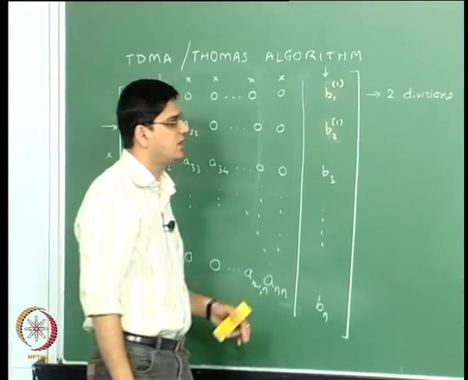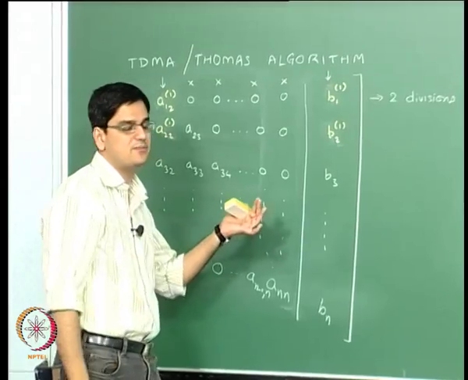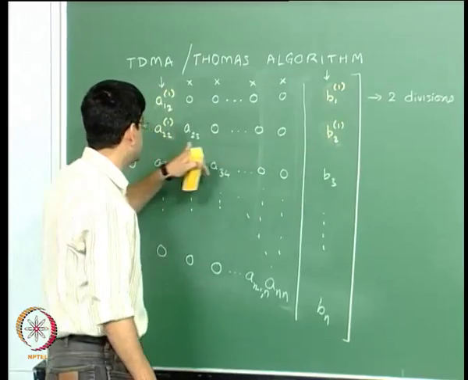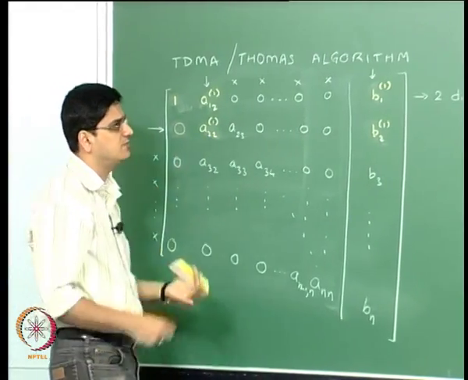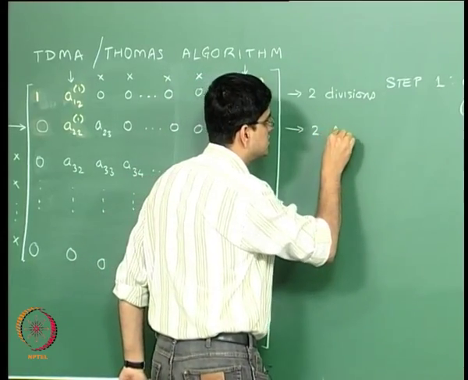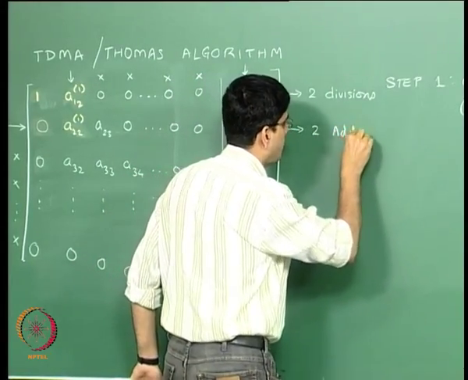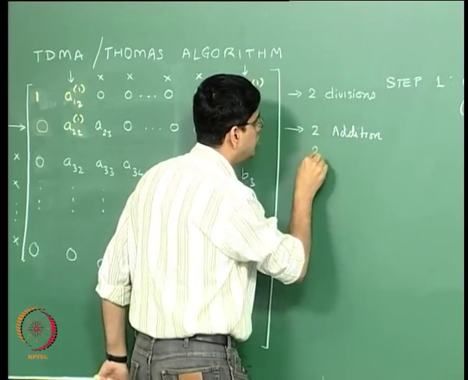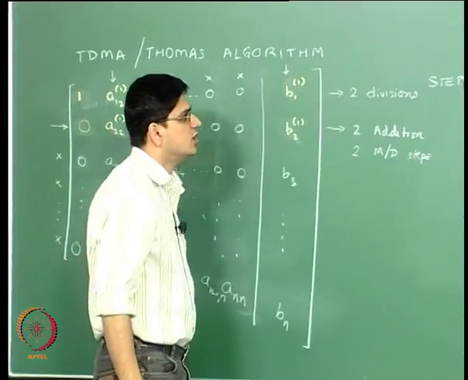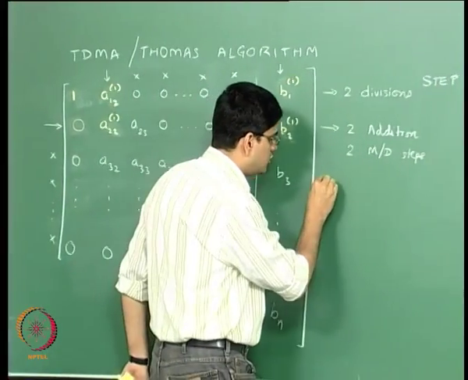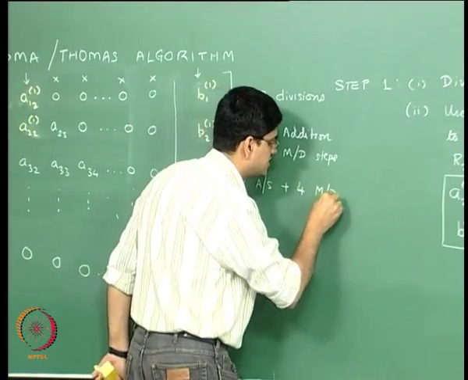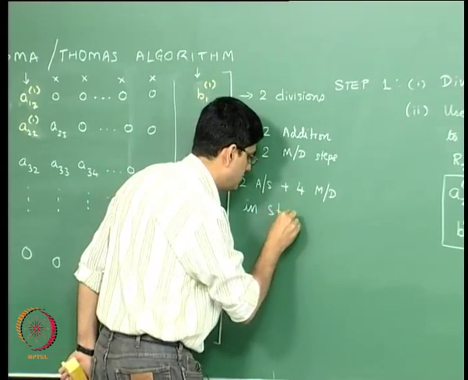B21, remember, is nothing but B2 minus A21 multiplied by B1, which involves one addition subtraction step and one multiplication division step. So we have two additions and two multiplication division steps. Okay. So step 1 involves 2 addition subtraction steps plus 4 multiplication division steps in step 1.